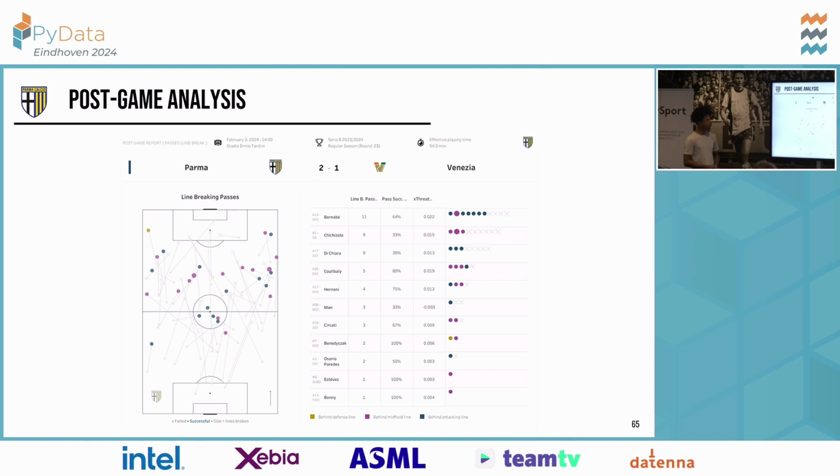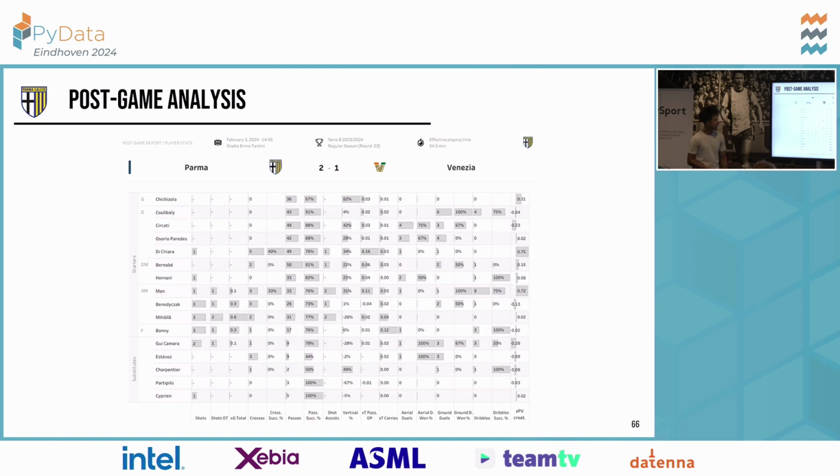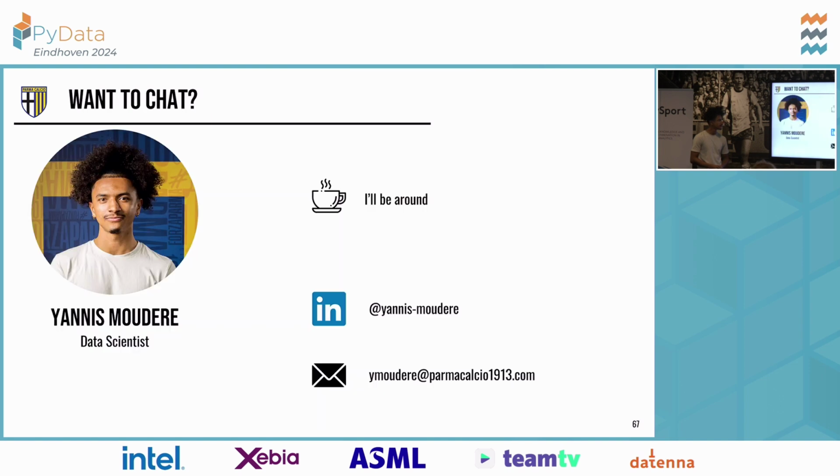Yeah, you can also visualize line-breaking passes, from where to where, which line did they break, etc. And finally, the individual characteristics of the game. So yeah, the staff can play with all this data, and they have some insights from it.